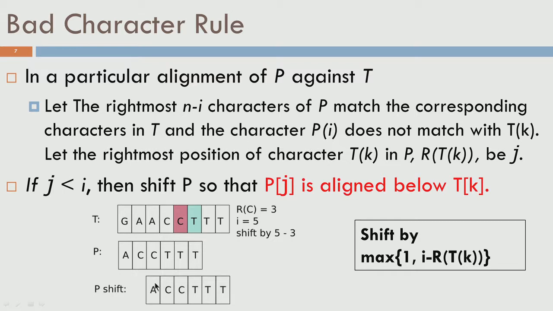This is the rule, and the whole pattern P is shifted to the right, and in this case, as you can see, it is shifted by i minus R of T of k. Observe that i is 5 in this example and R of T of k, that is R of C, is the value 3, and therefore, it is shifted by 2 units. The pattern P is shifted by 2 units to the right. So, this is the bad character rule.